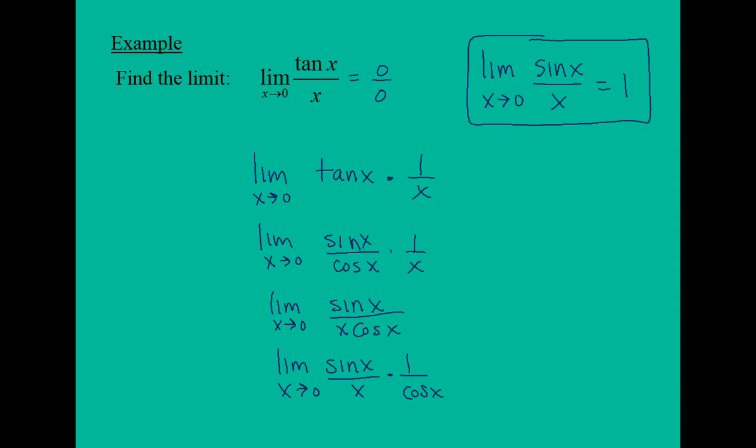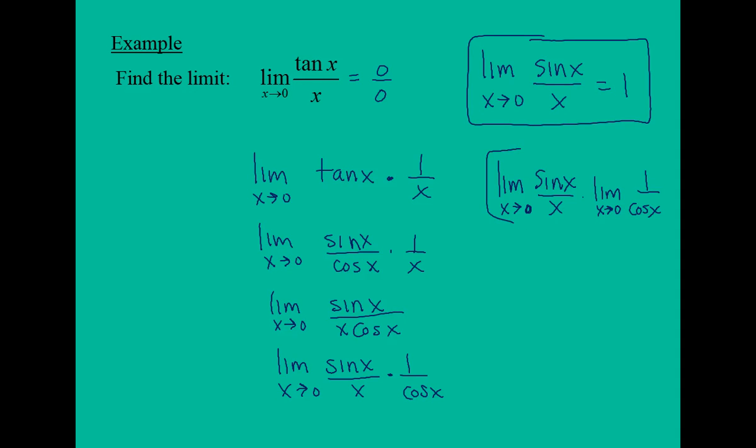And now we can take the limit of each one of these separately. We could say the limit of the sine of x divided by x as x approaches infinity times the limit of 1 over cosine of x as x approaches 0. I may have said infinity, I meant 0 here.